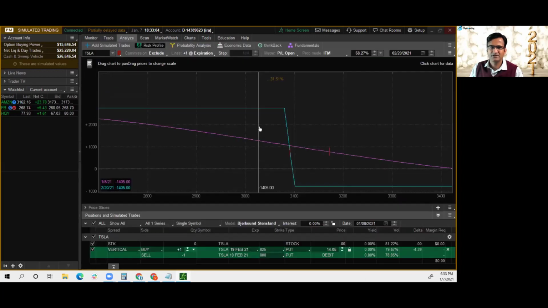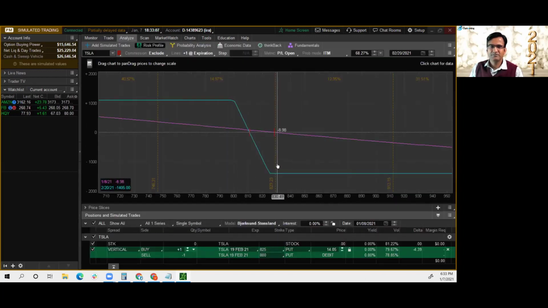So let's look at how this looks. You were bearish on Tesla, you bought a put, but you didn't want to pay $8,900. So instead you bought a put spread in which you had to pay only $1,400. And you got protection if Tesla falls below 825, all the way till 800. So if Tesla continues to fall lower than 800, your maximum profit is limited to 800.